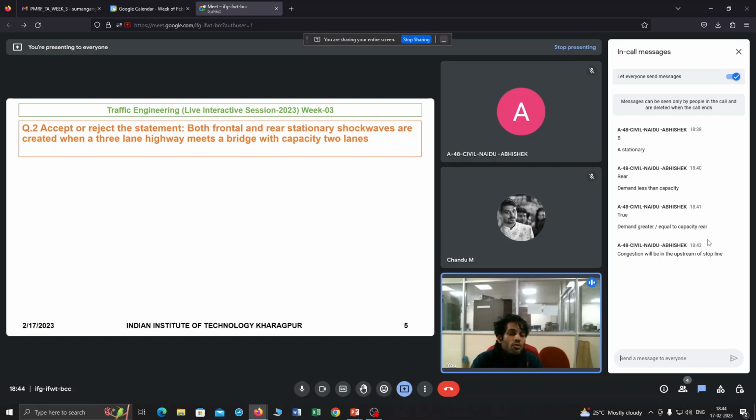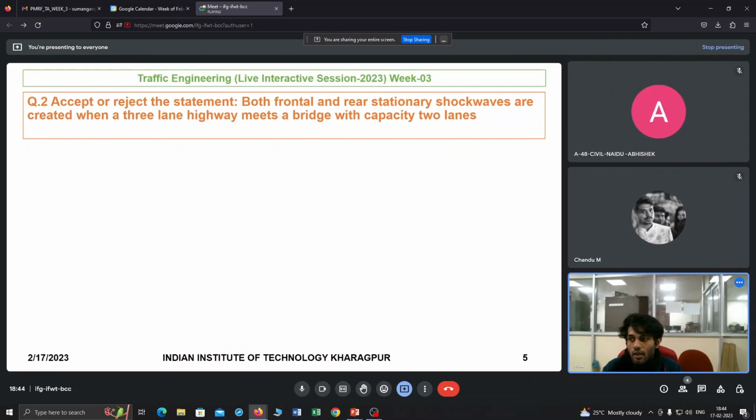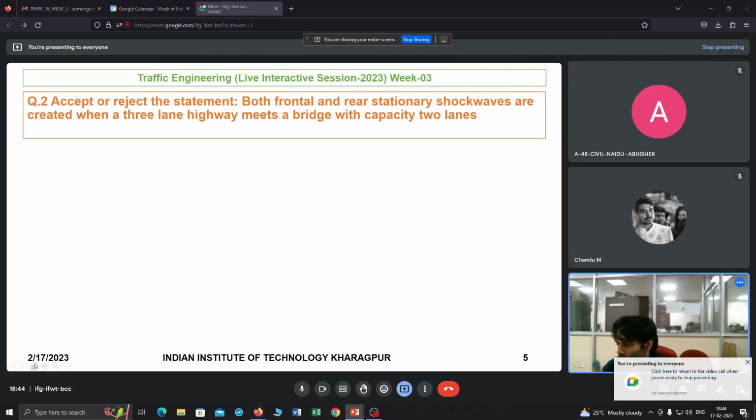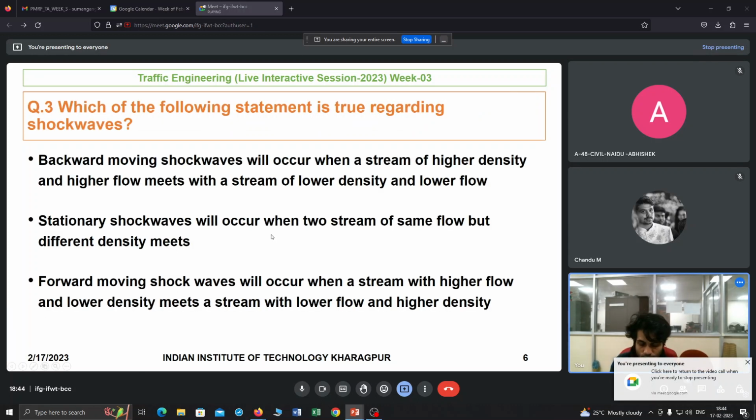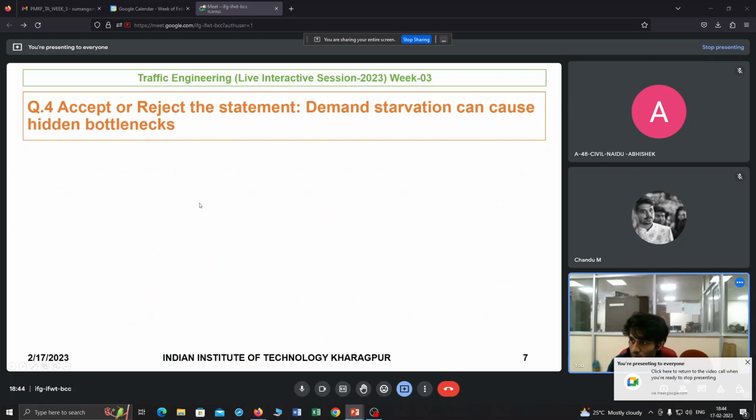And a backward moving shockwave has also been created. And not moving, as demand can go beyond 2-lane capacity. No, so you are kind of true, but let me tell you, maybe it will be more clear. So, no wait.